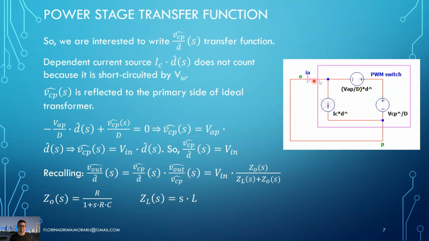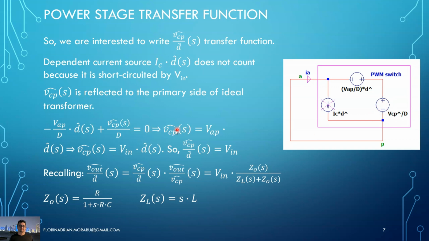Then we only have the two voltage sources here. So we just need to write the Kirchhoff equation on this loop: minus VAP over D times D hat of S, which is this voltage source, plus VCP hat of S over D, which is this voltage source, must equal 0.